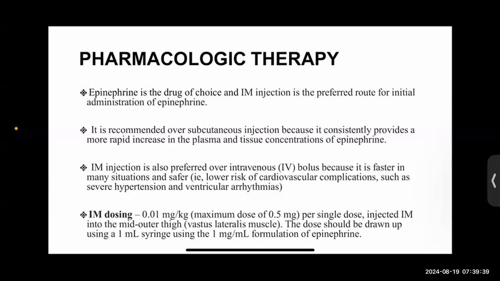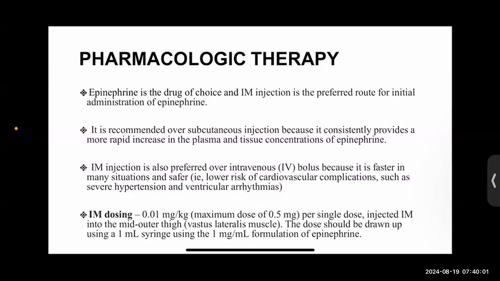The preferred one to use is the 1 in 1,000 dilution. It usually comes in 1 milligram per ml. Most times now you don't see them label the bottles 1 in 1,000 dilution, but it usually comes in 1 milligram per ml. So you can use a 1 ml syringe and take just 0.5 ml, and that is 0.5 milligram.